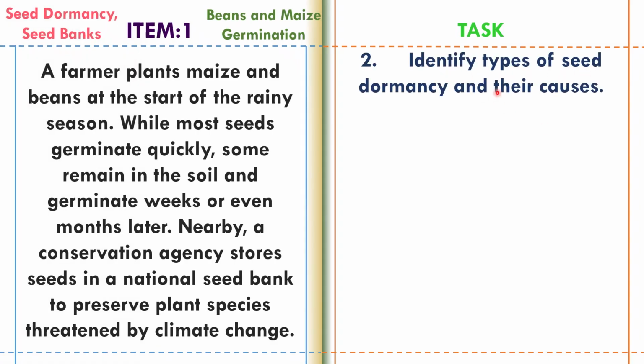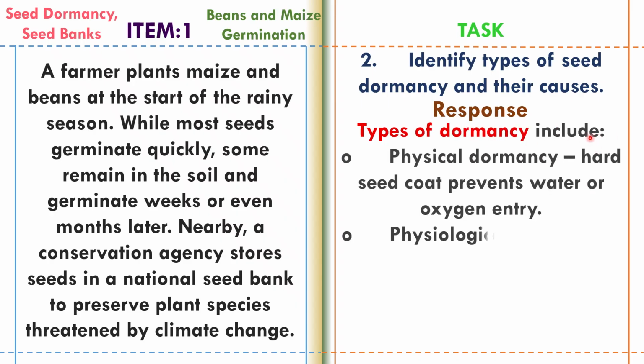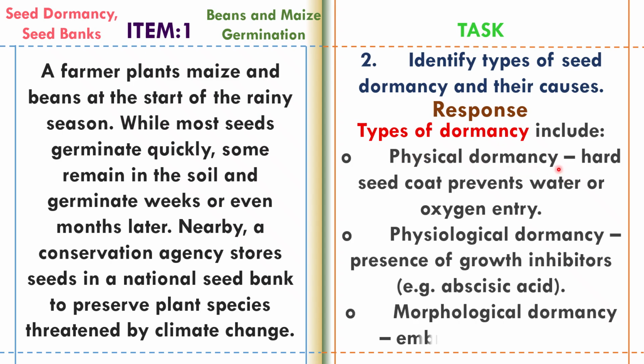Identify types of seed dormancy and their causes. Types of seed dormancies include physical dormancy, where a hard seed coat prevents water or oxygen entry.